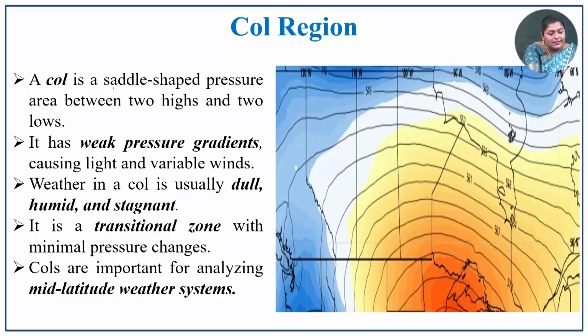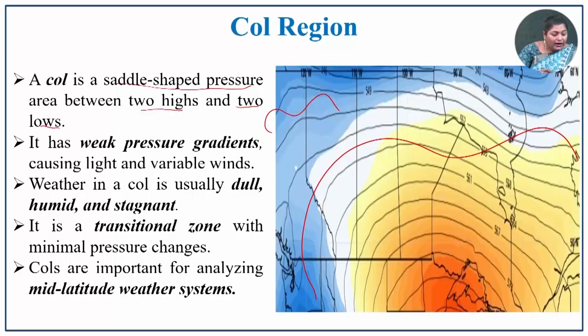Next one is col region. Col is a saddle shaped pressure area. The saddle shaped, it's somewhat like this. You can see, the saddle is the area between two highs and two lows. So, two high pressures will be there, two low pressures will be there, which is forming the col region. It has a weak pressure gradient. The pressure gradient will be very weak in this particular region, causing light and variable winds.